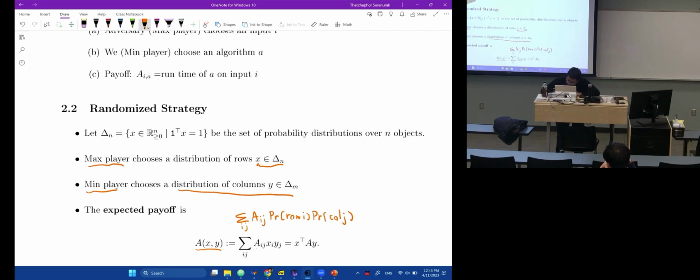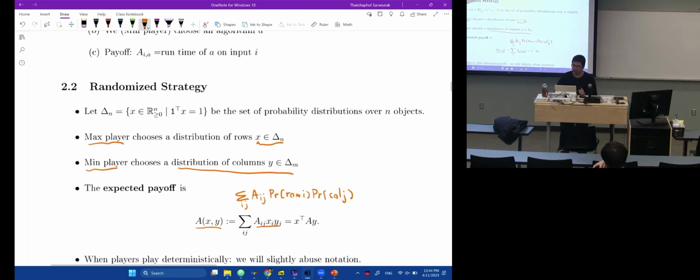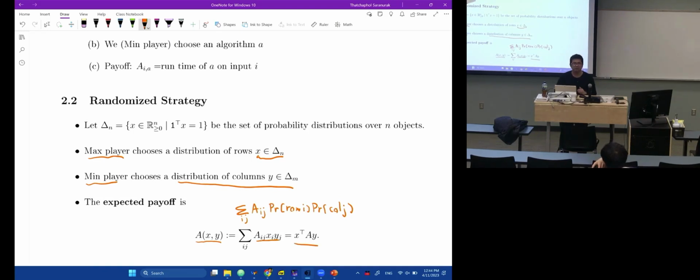So that's just this thing. And you can write it down like X times A times Y. So the expected payoff can be written nicely like this: X times A times Y, right?